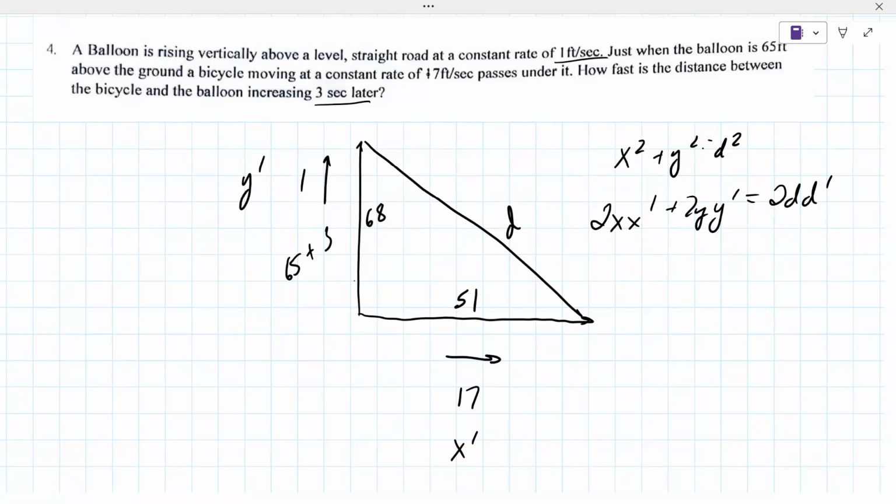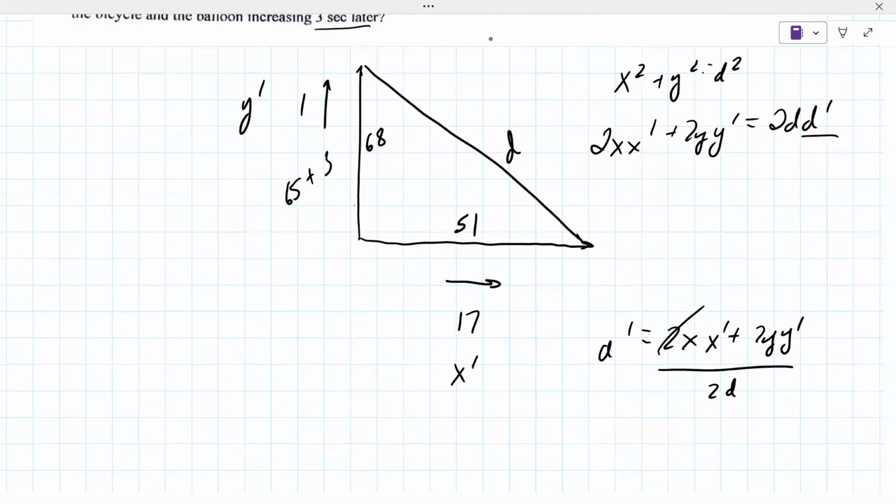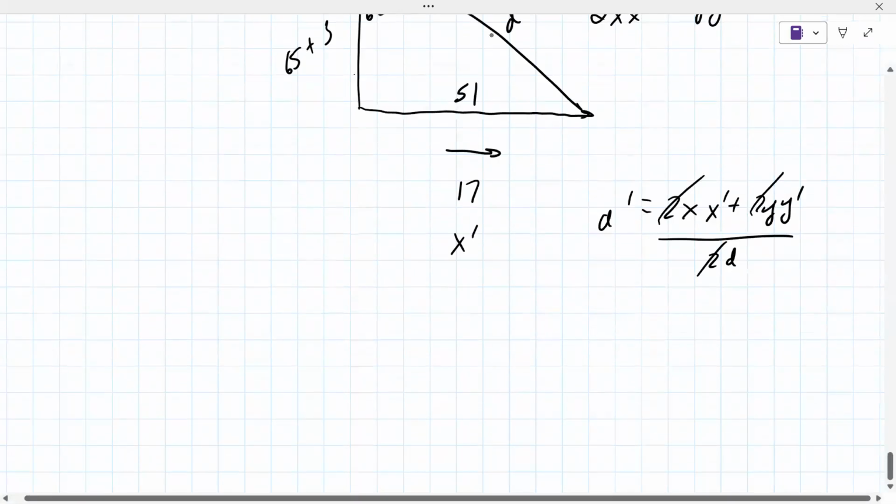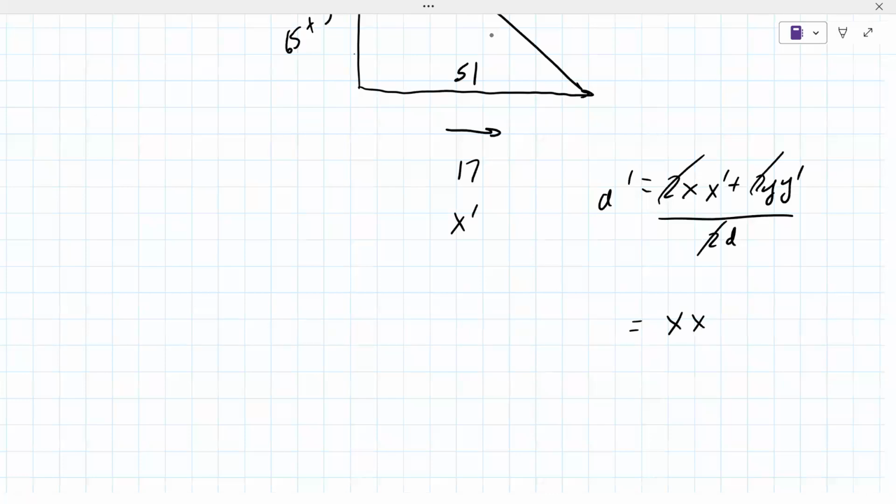We're interested in solving for d prime. So 2x x prime plus 2y y prime over 2d, and the 2's cancel. So we have x x prime plus y y prime over d.